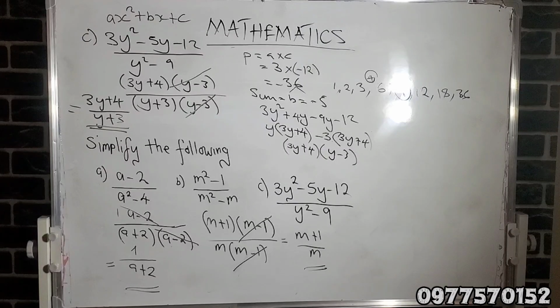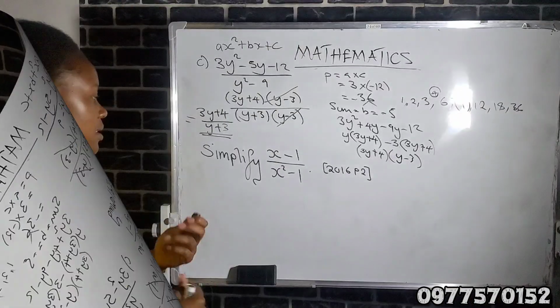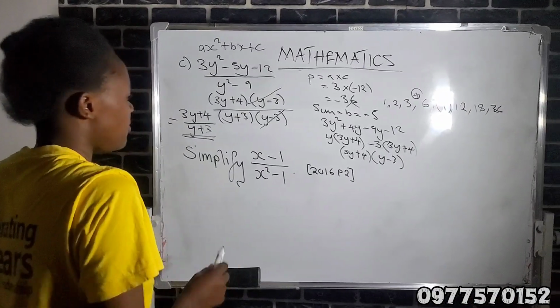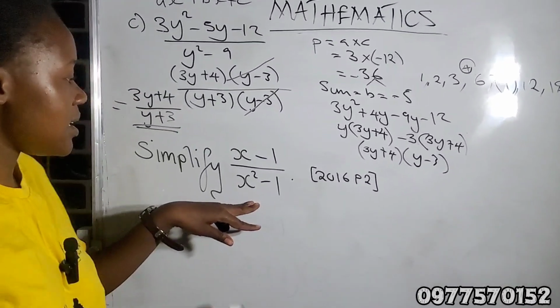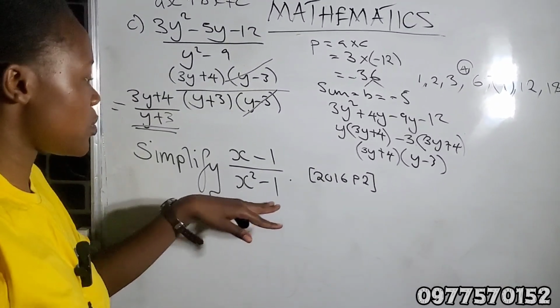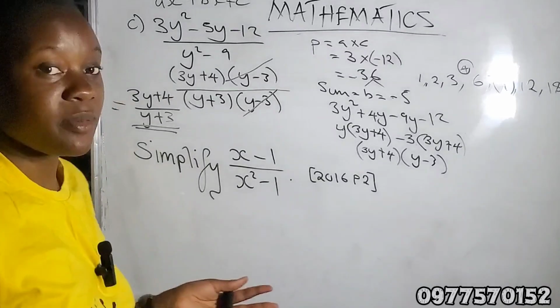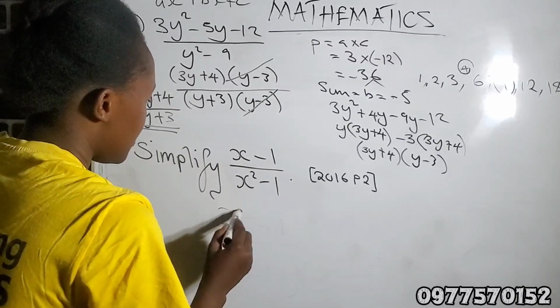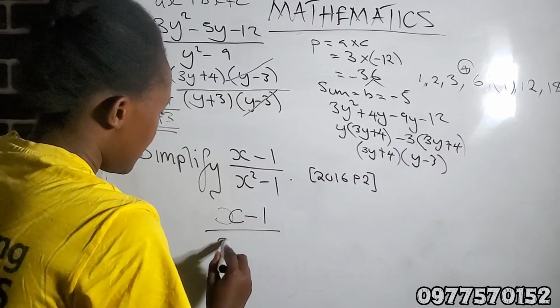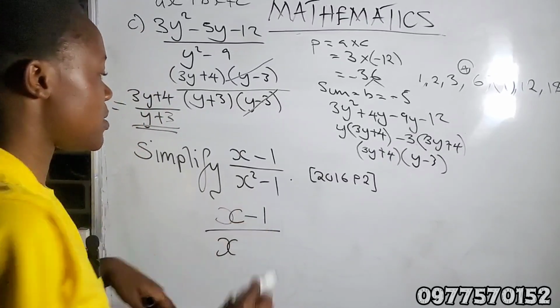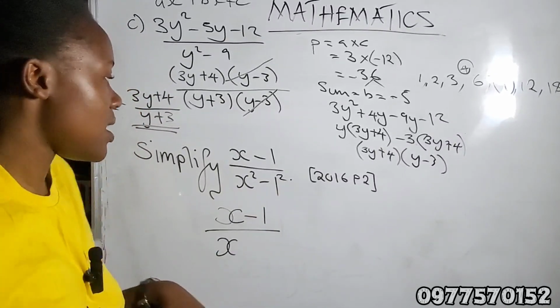Before we go to the bonus question, who can solve this one? Okay, so simplified, we have been given this. As we can see down here, it's difference of two squares. So this is very simple. We go direct. X minus 1 can also be written as squared.